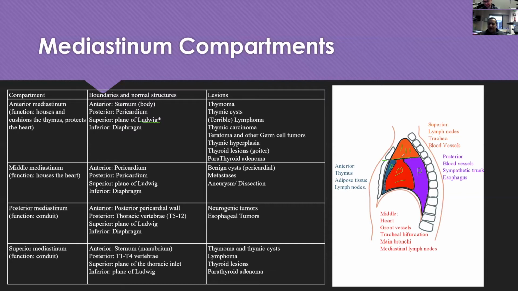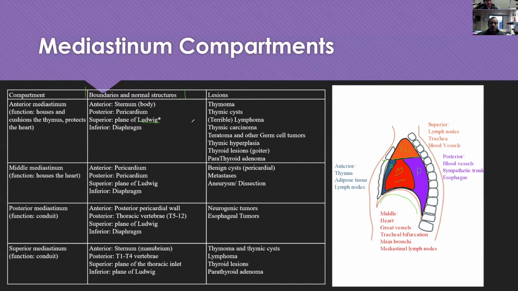And remember that the inferior border of the inferior mediastinum is the diaphragm. So essentially, when we talk of the mediastinum, we're talking of all the structures that are between the two lungs, and then we're talking of things above and below. And one of the really nice things that we've done in this table is shown both the boundaries and the normal structures that occur in that compartment.